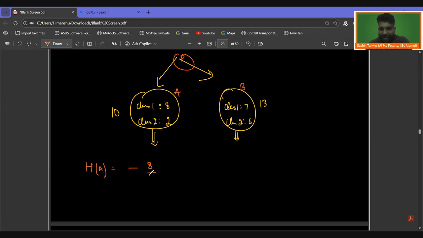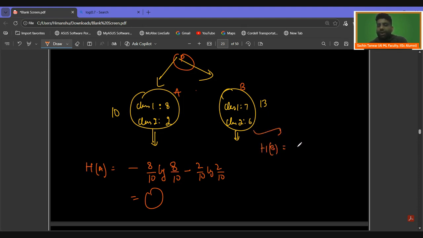So 8 by 10 log 8 by 10 minus what is the probability of getting the other class, 2 by 10 log 2 by 10, and then you'll just get the answer over here. Okay, this will be giving you the entropy for this one. Similarly, you'll do the same stuff over here. What is the entropy of this one? You'll be getting something like minus 7 by 13 log 7 by 13 minus 6 by 13 log 6 by 13. You'll be getting something.